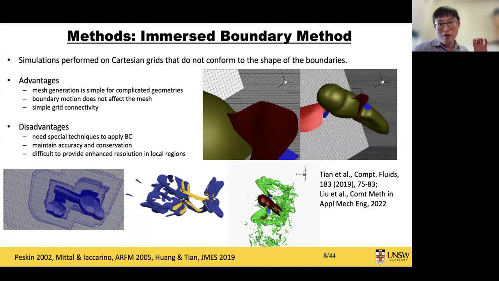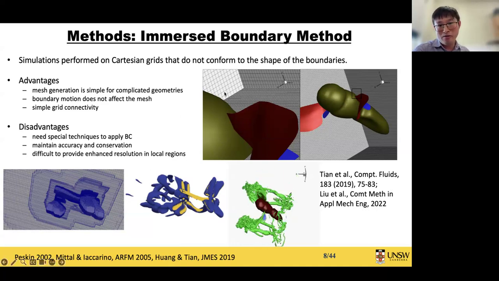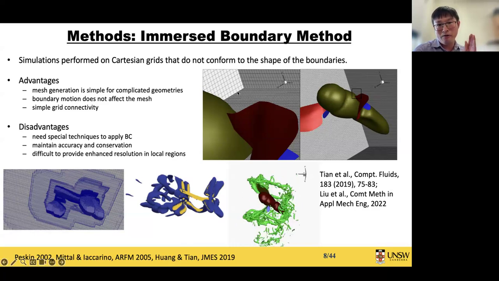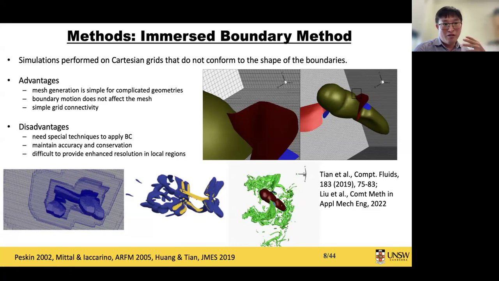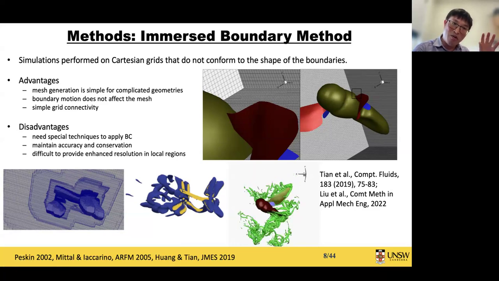For immersed boundary methods, the simulations are performed on Cartesian grids, for example like this, that do not conform to the shape of the boundaries. Therefore, there are three or four advantages.